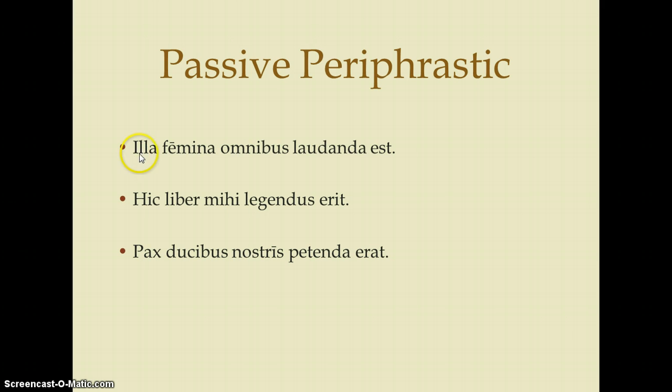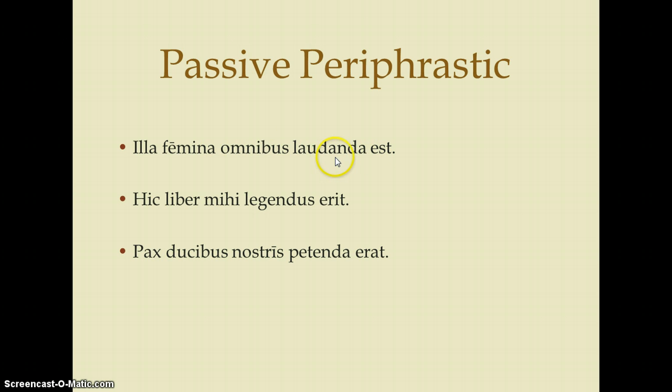The first example on this slide, illa femina omnibus laudanda est. Now we have our gerundive, right, the nda, that's the future passive participle. So we know that laudanda est is present because the form of the verb to be that we have here is present.